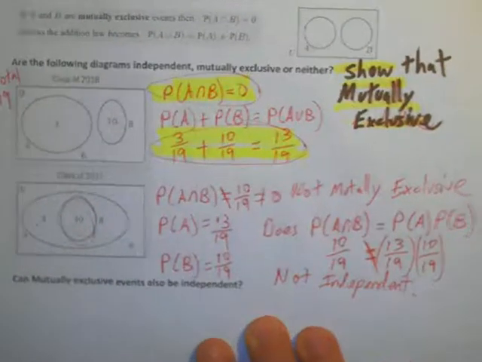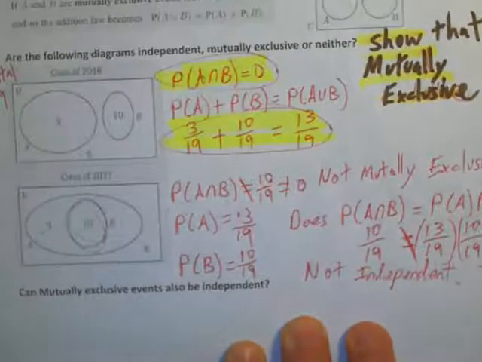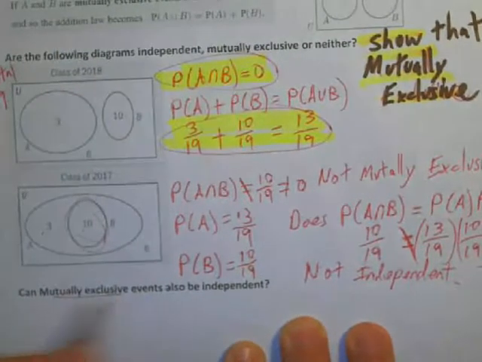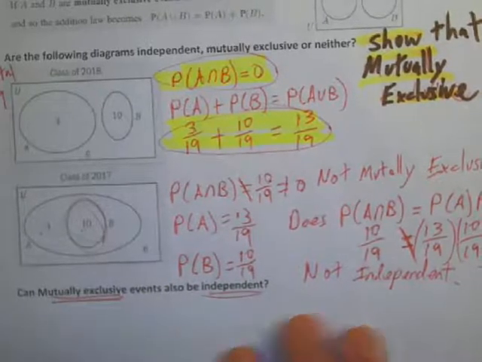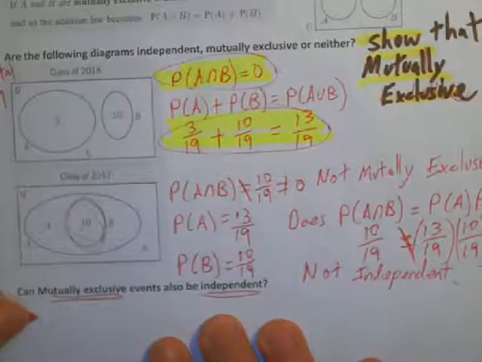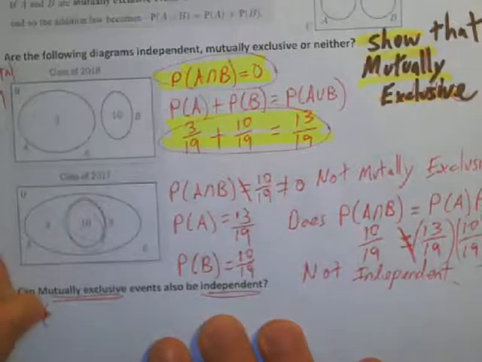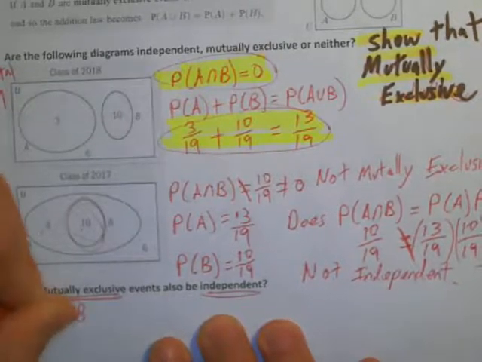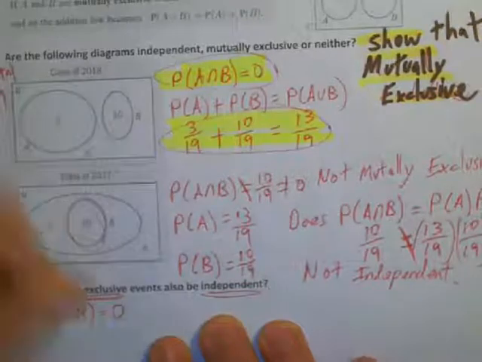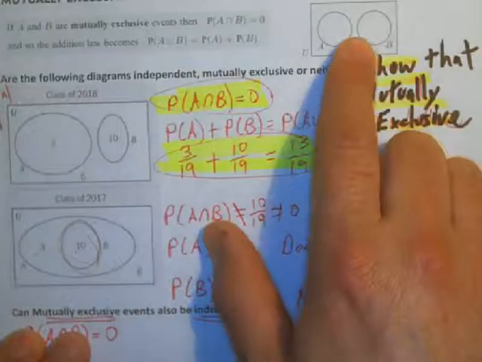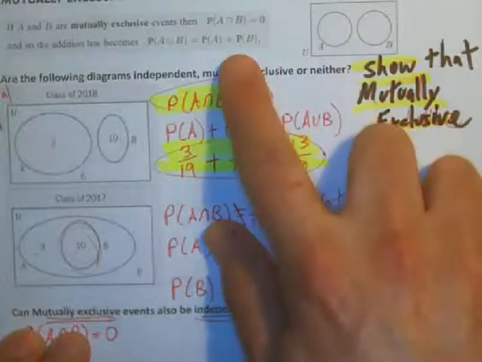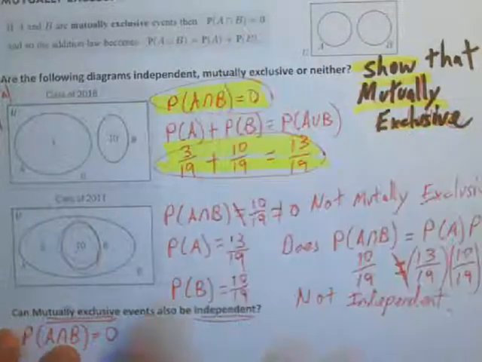So let's answer this last question here. Can mutually exclusive events be independent? Now let's think about that. Mutually exclusive means that the intersection of A and B is going to be 0, right? If the circles don't intersect, they're mutually exclusive, the intersection probability would be 0.